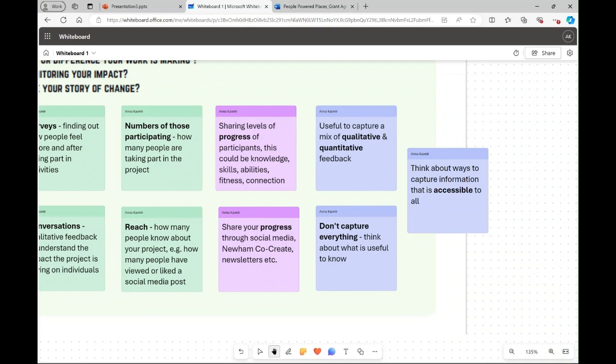And so you would then look up how many people have agreed, and you could say 87% of people said their confidence increased because of taking part in this project. And that's really valuable. Whereas qualitative is more feelings based, that stuff that you get through deep conversations. So it could be you had a conversation with someone who took part and they say, oh, I really gained confidence in using my phone, for example.